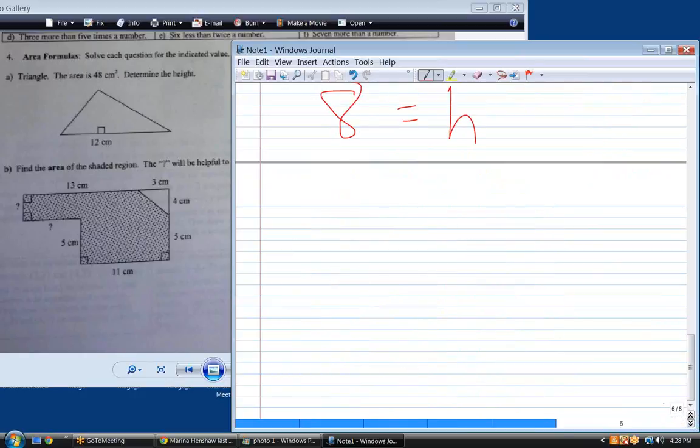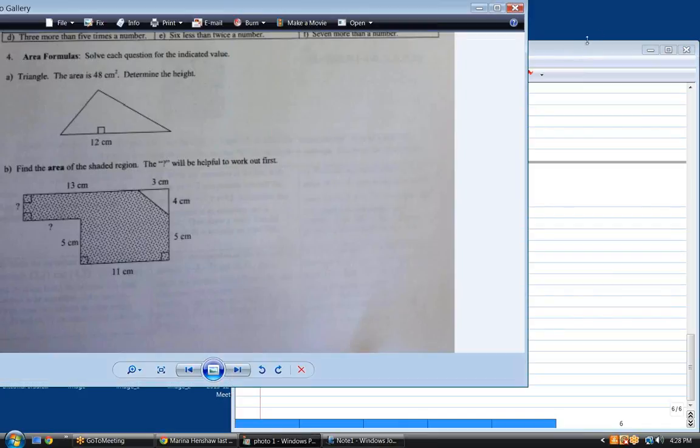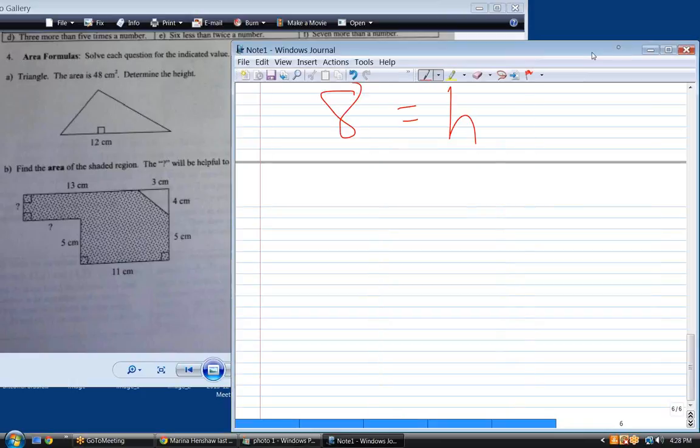I generally tell everybody that shaded region problems are subtraction problems. Because we're not taught the geometry to figure out the area of this strange shaped thing here. That's not rectangles or squares or triangles. However, we can figure out the area of the entire outside thing, which is just a combination of 2 rectangles.